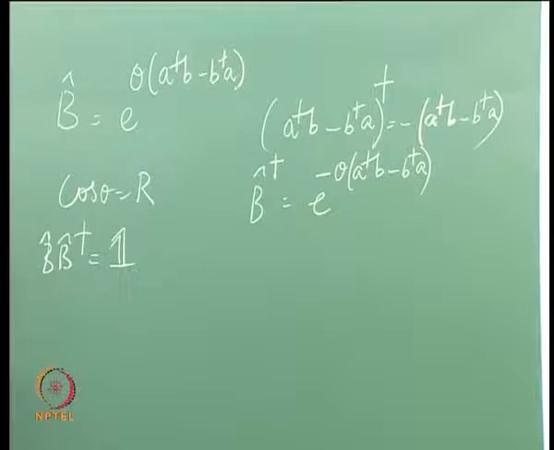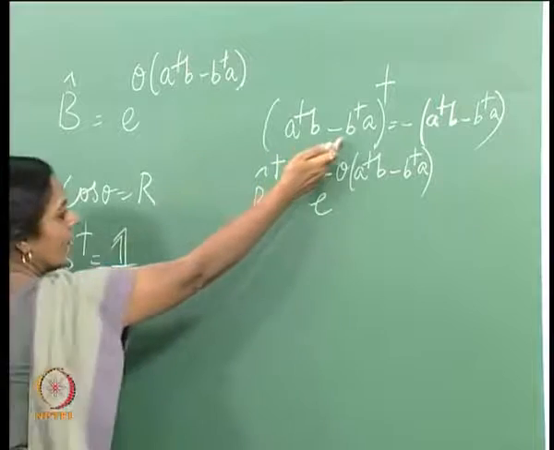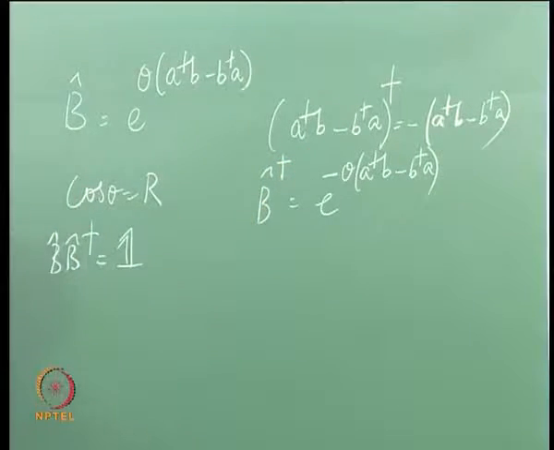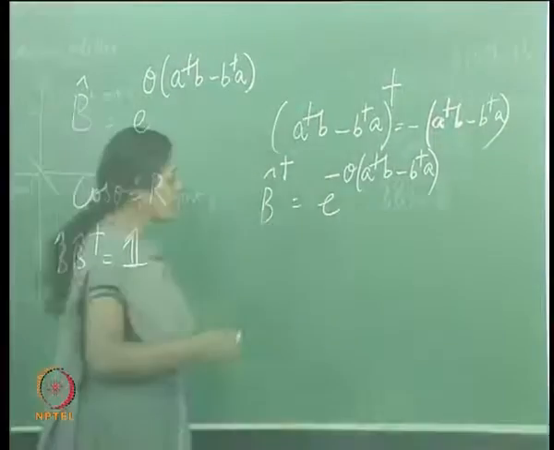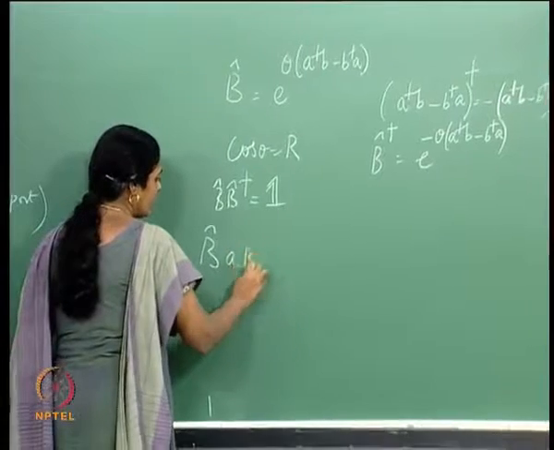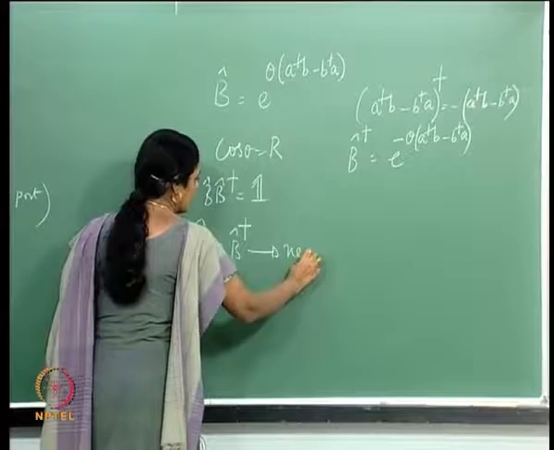What is the action of capital B on A, A dagger, little b and B dagger? Now, this we can find out easily because we know that unitary operators act in the following manner, taking it to a new operator.